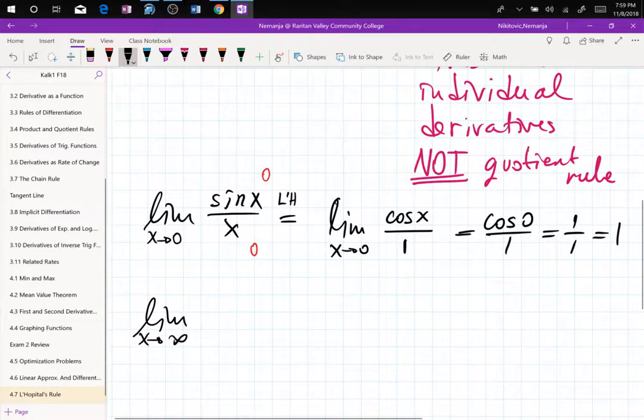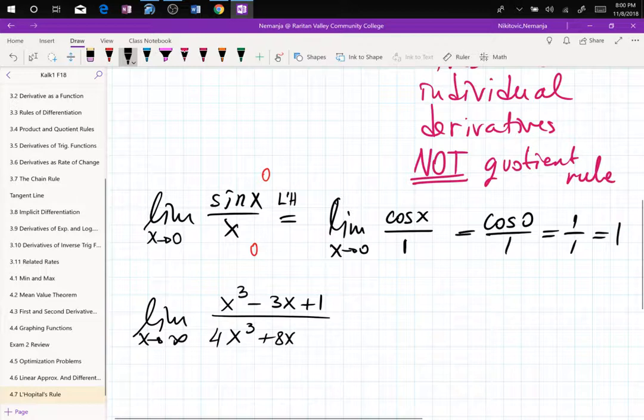So you have x goes to infinity for, let's say, x cubed minus 3x plus 1 divided by, I don't know, how about 4, there's too many threes, 4x cubed, and I heard 8, so here it is, plus 8x squared minus 7, because it's annoying.